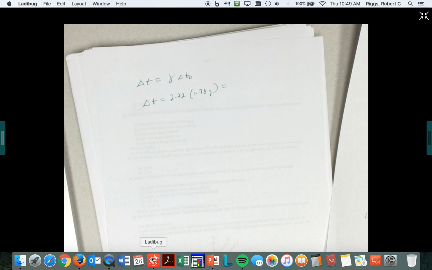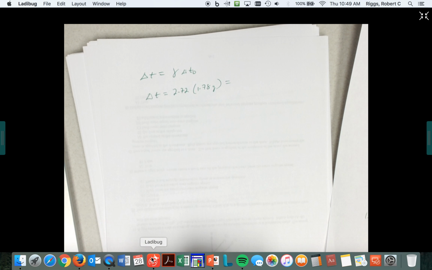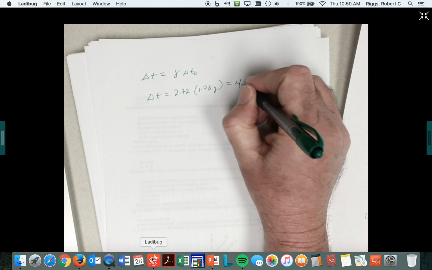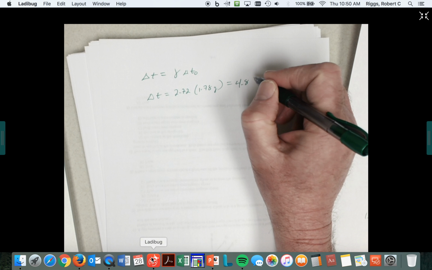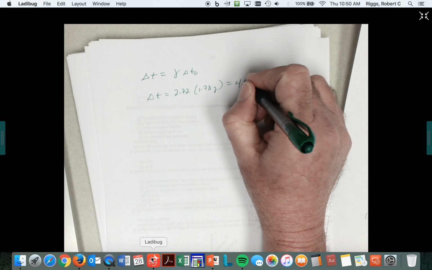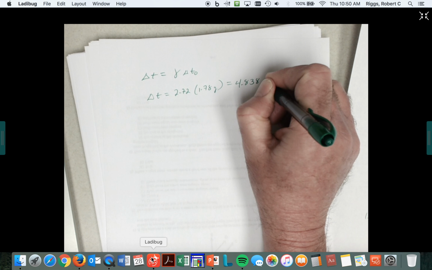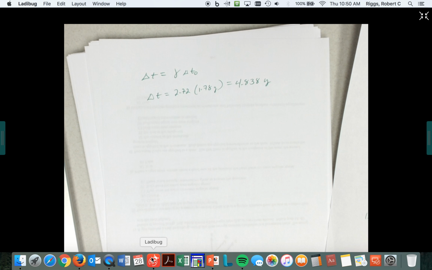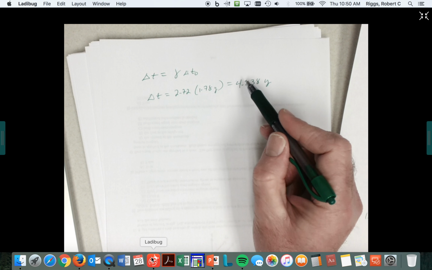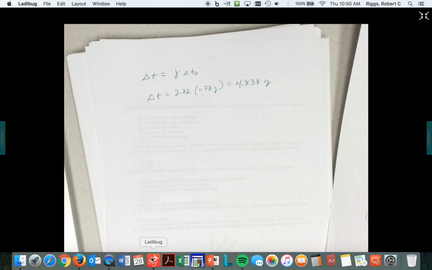That's the dilated time the observer on Earth thinks it should take you to get there. So 1.78 times 2.72 is 4.838 years, almost 3 times as long. So you go down and back in 3.4 years, and your twin that's left behind has aged almost 10 years.